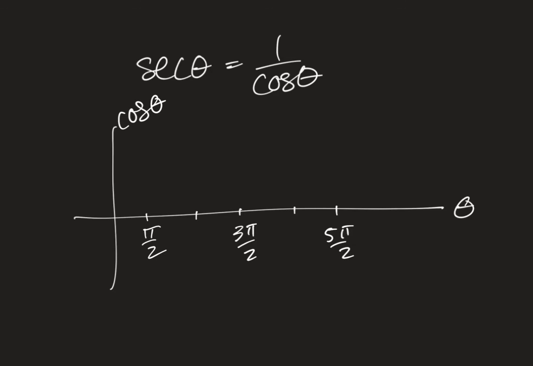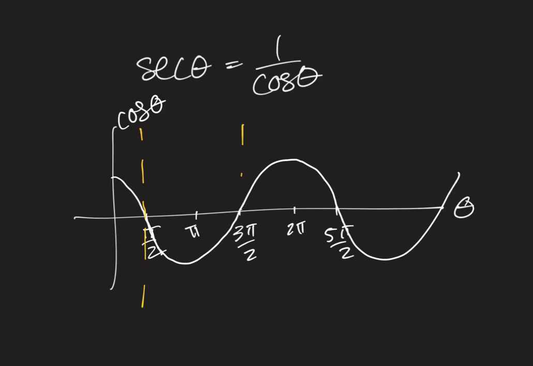Because the cosine graph kind of looks like that, where this is 2 pi and that's 0. This is pi. And so for secant, it's going to be undefined anywhere it crosses the x-axis.